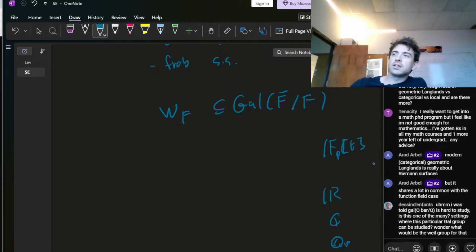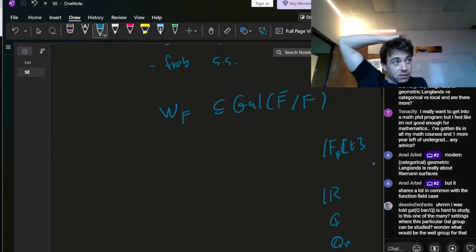Also, what does it mean to be good enough for mathematics? I mean, do you want to be a tenured prof at Harvard, or do you want to teach at a community college in the middle of nowhere? Both of those things, you could be a mathematician and do those things.